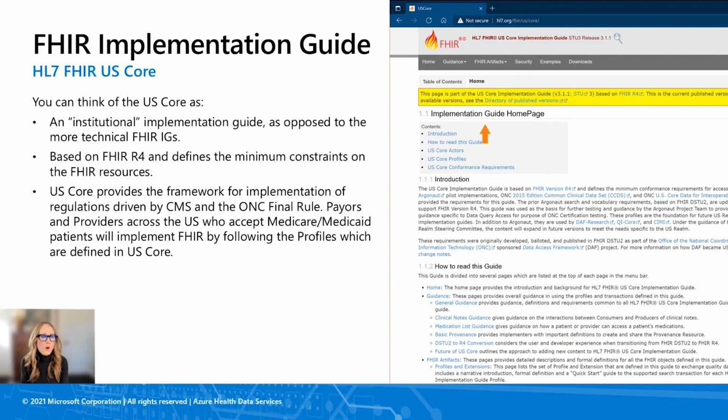The US Core Standard Implementation Guide defines the parameters of implementing for CMS and ONC. It's based on FHIR R4 standards and provides a framework for implementation. So if you have additional questions, particularly on regulation, we do have a great deck that we can make available to all of you that goes into the FHIR spec and regulation in detail.